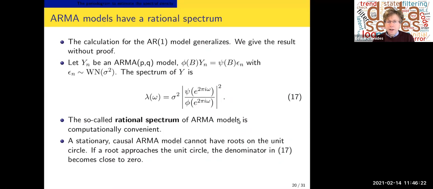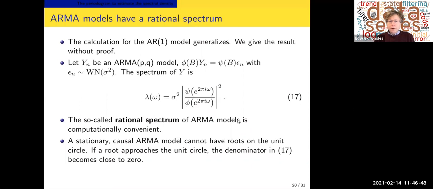You have the phi of e to the 2 pi I omega on the top, the psi of e to the 2 pi I omega on the bottom, take the absolute value squared, and that's called a rational spectrum. It's computationally convenient, and mathematically, it helps us analyze it.